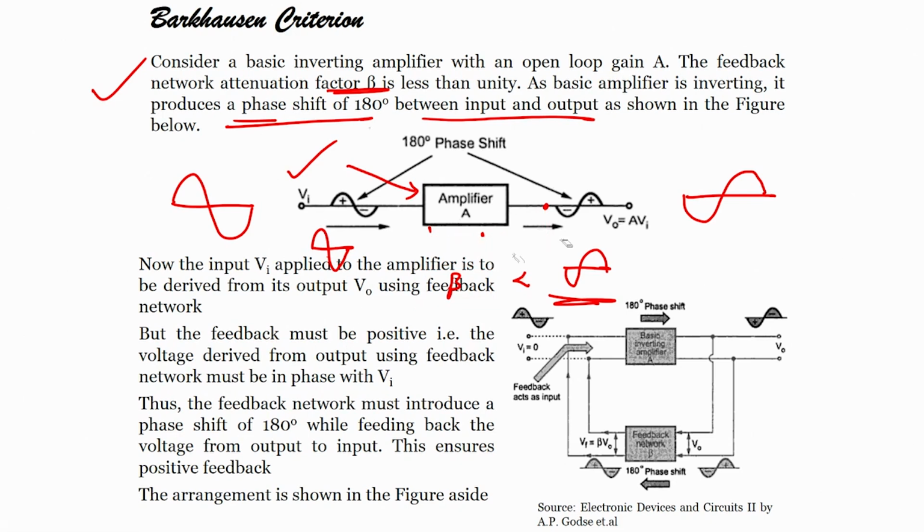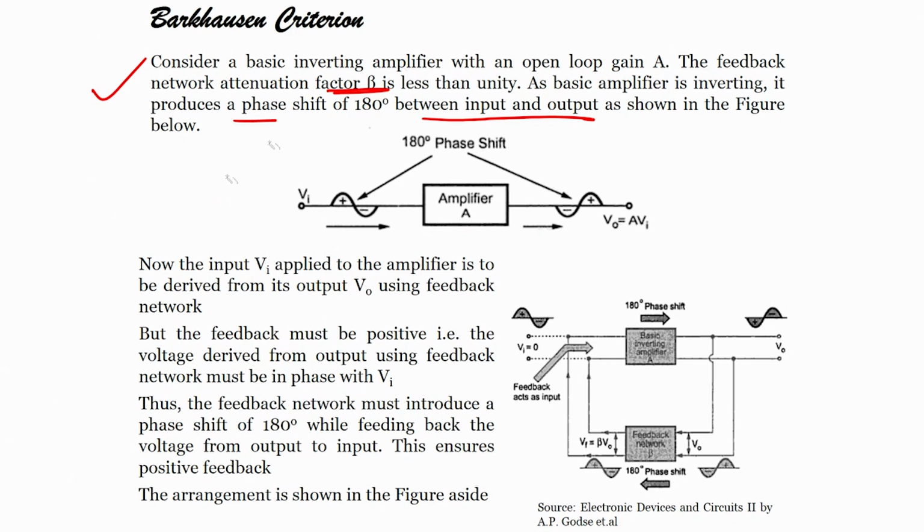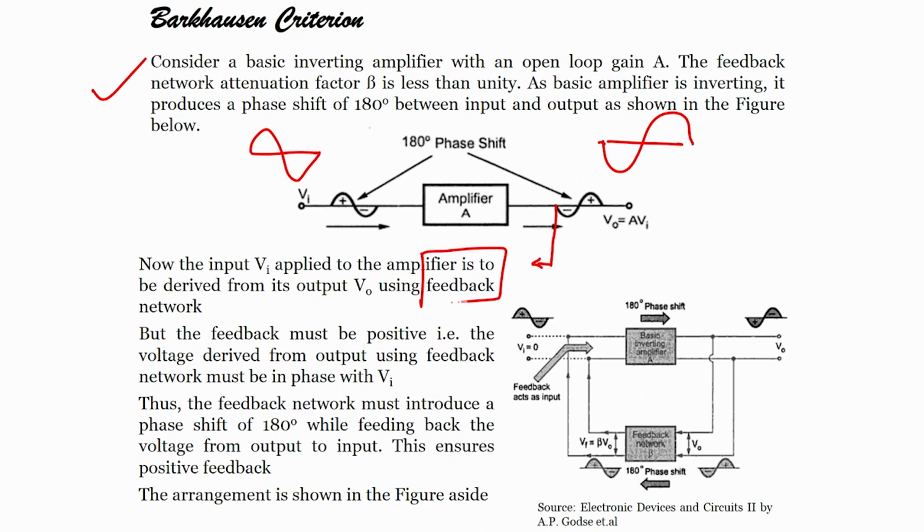It is very easy to understand, do not get confused. What it is saying is that if I apply an input signal like this, the output signal is 180 degrees out of phase, and I have to provide a part of the output signal back to the input through my feedback network beta, right, this we have seen.